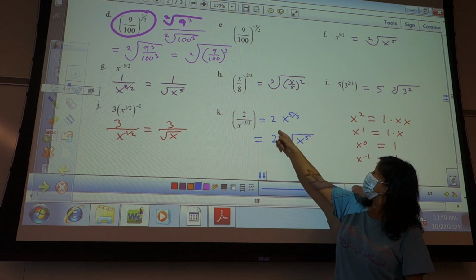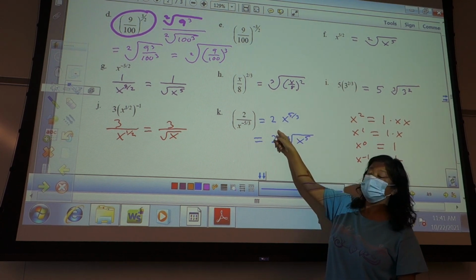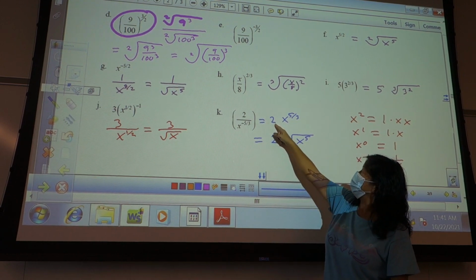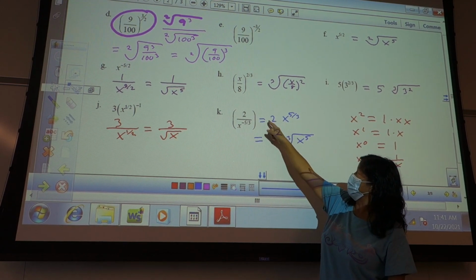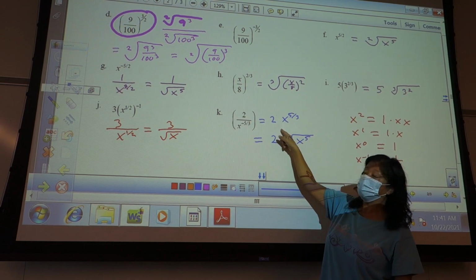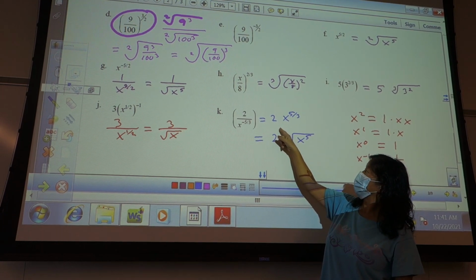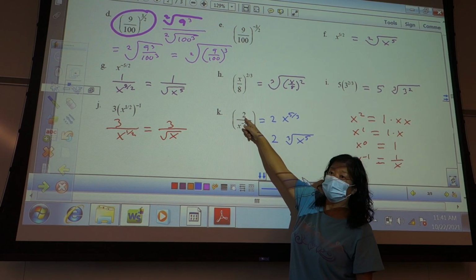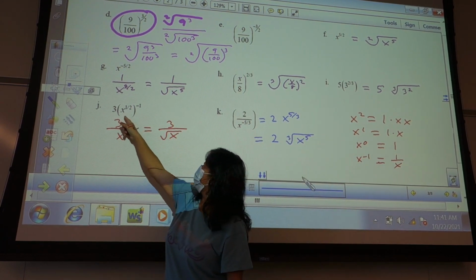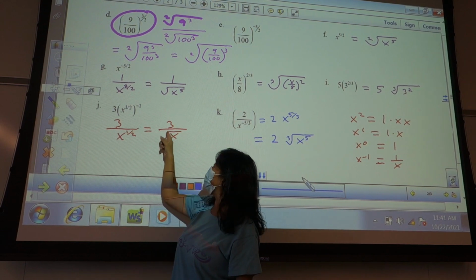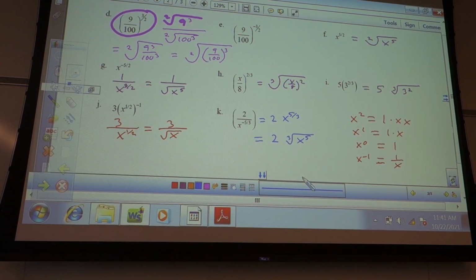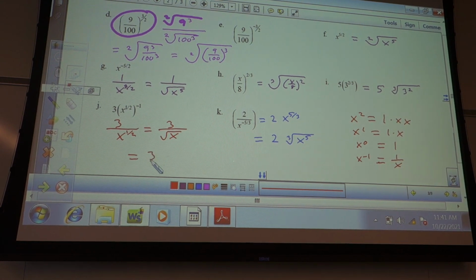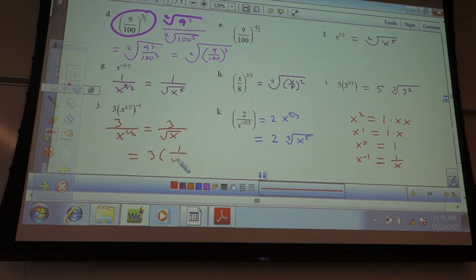See how this one was a fraction, but it ended up being multiplication with the 2 in the front? The 2 is on top. It's over 1. Yeah, I know, but in the final answer there's a 2 in front of the whole radical, because there's a 2 here. But on this one, this ended up being division. Let me show you. This is the same thing as 3 times 1 over the square root of x.